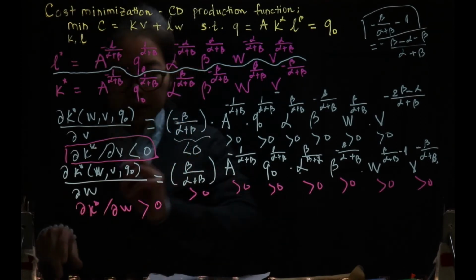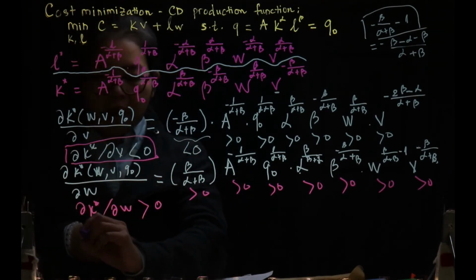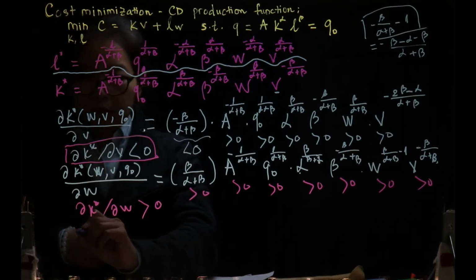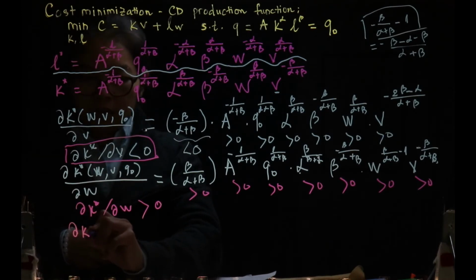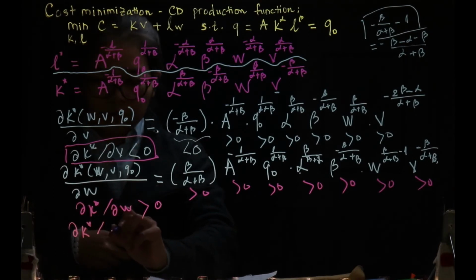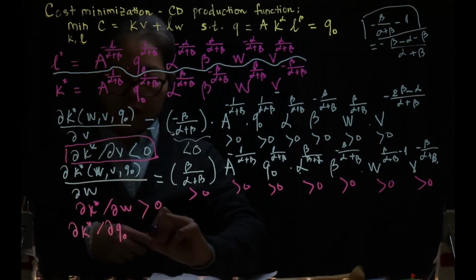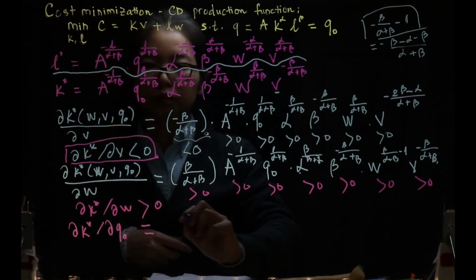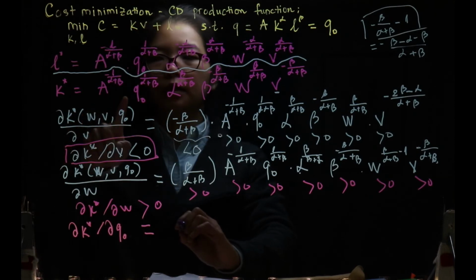And then the last thing, we can also check how the demand for input, the capital, would change when we want to change the production level. And here, where is it? Here.